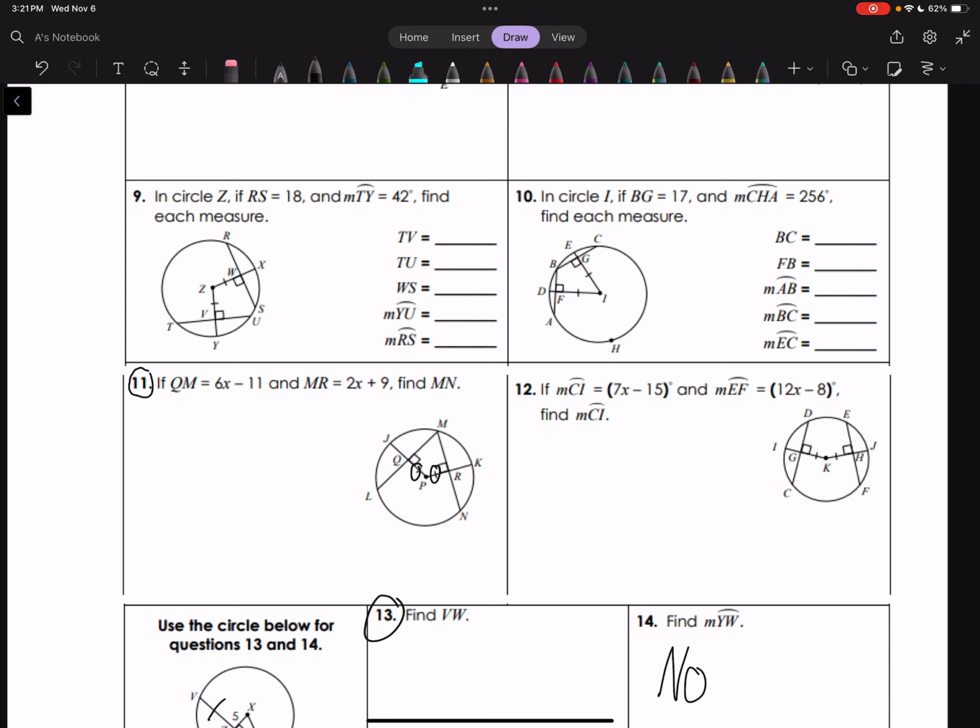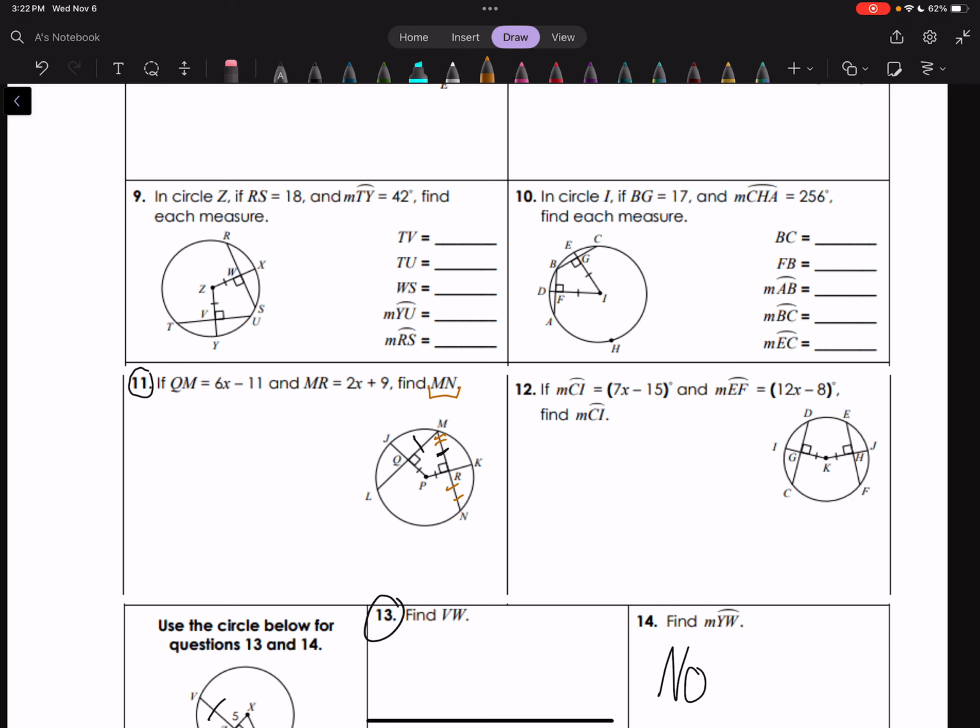So I have QM and MR. They're meeting at a right angle, so by rule C, each side is split in half. So M to R is congruent to R to N. That is important to find MN.